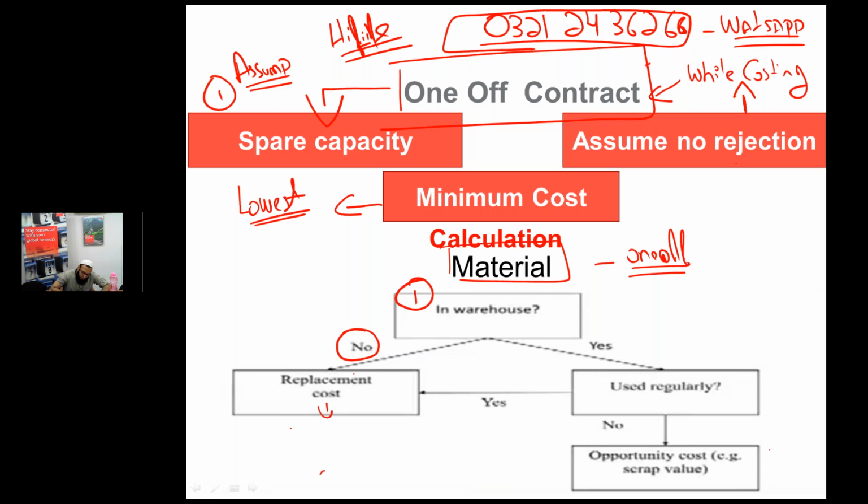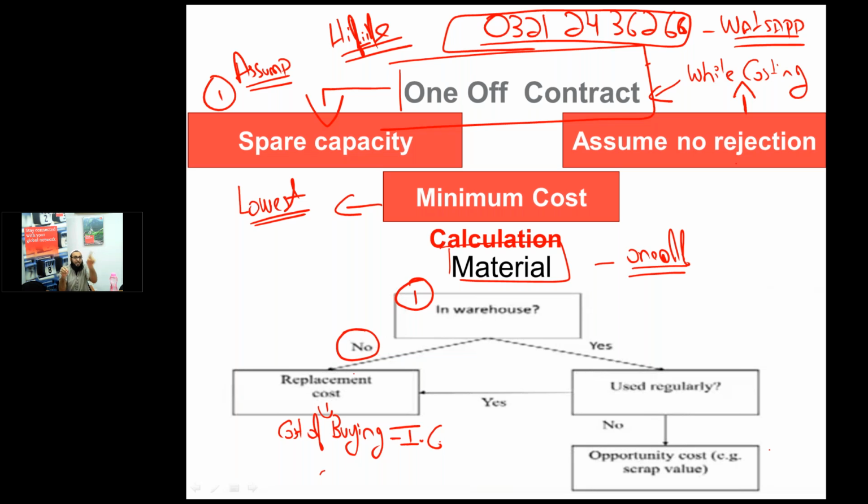And the cost of buying will be the incremental cost. Are you getting my point? I'm creating a connection with the rule of 5. It would become very easy for you. This is something unique for you people, okay?